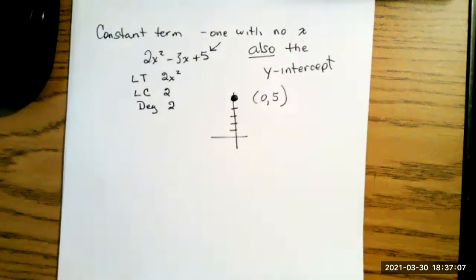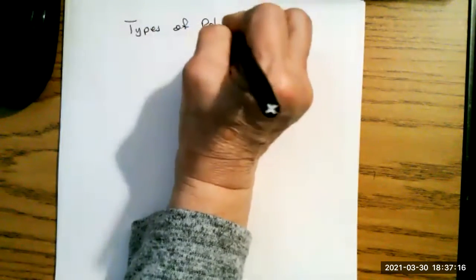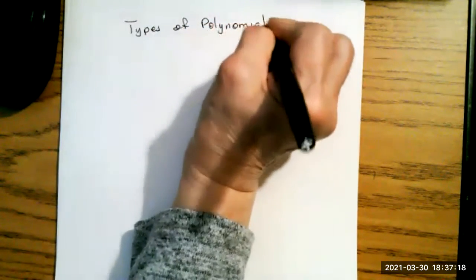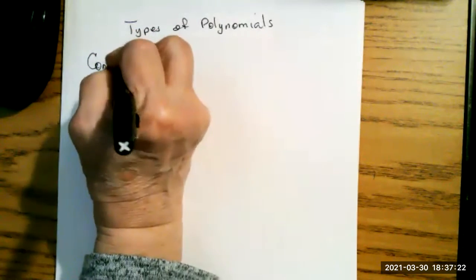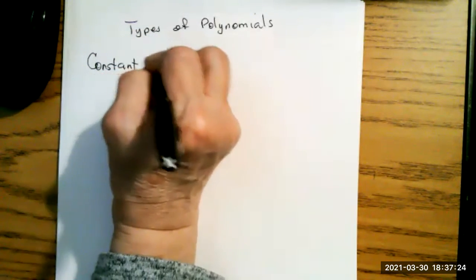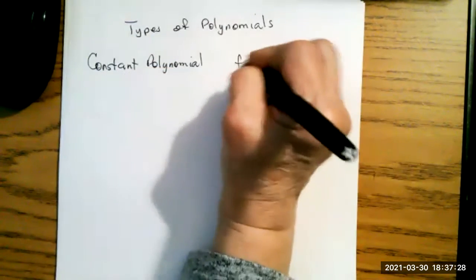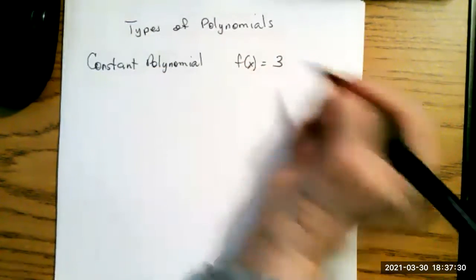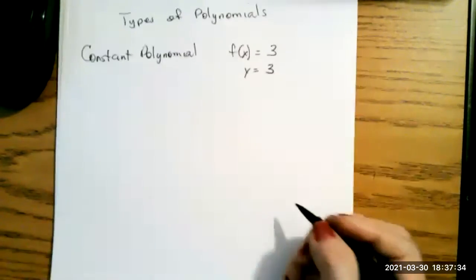Okay, let's talk about types of polynomials. There's a constant polynomial, and that's like f of x equals 3 or y equals 3.